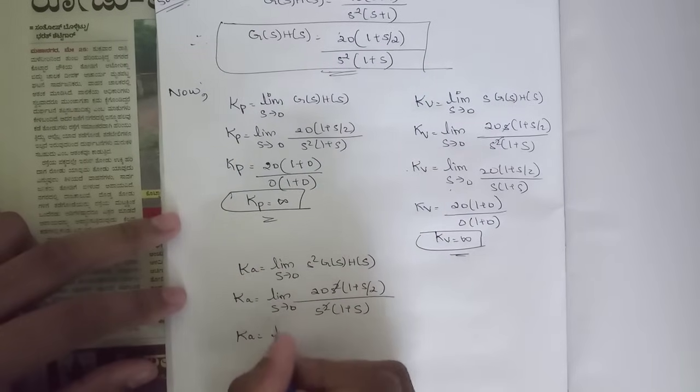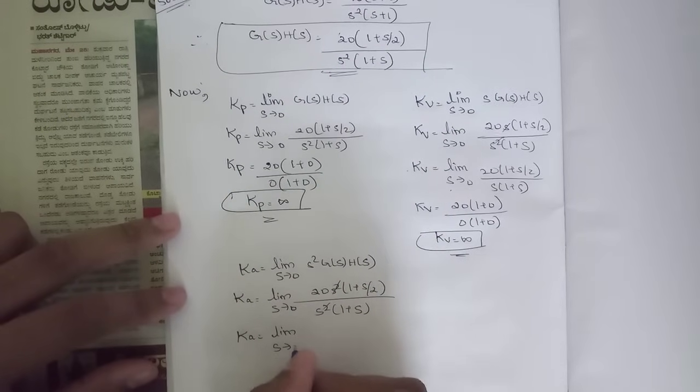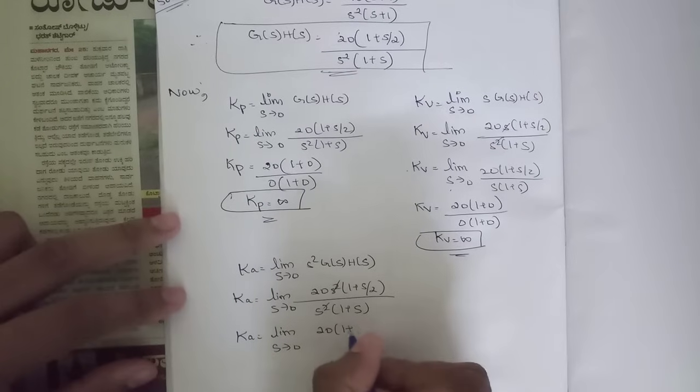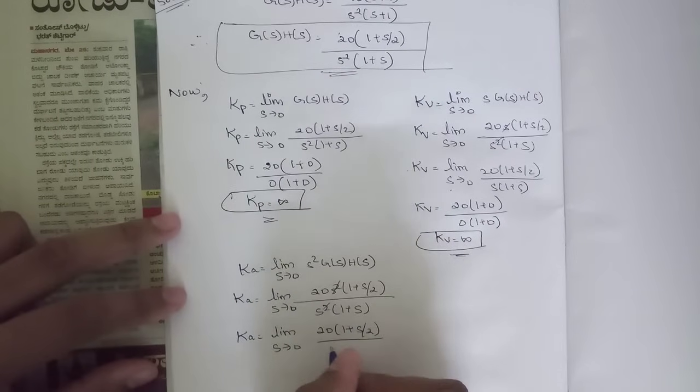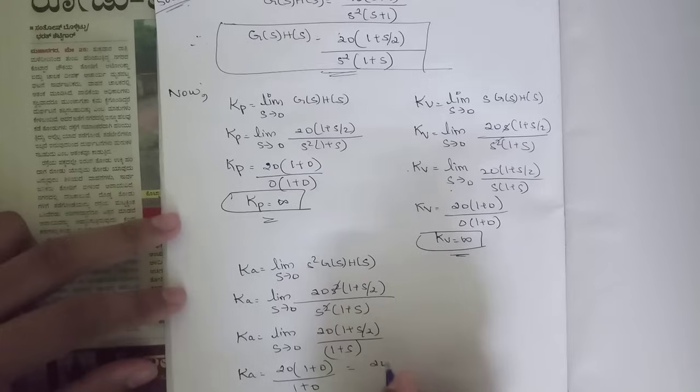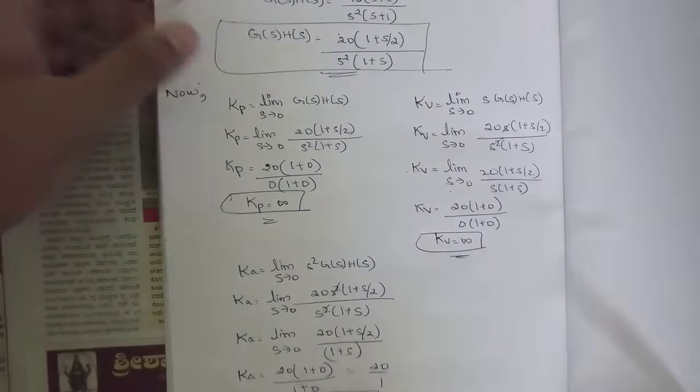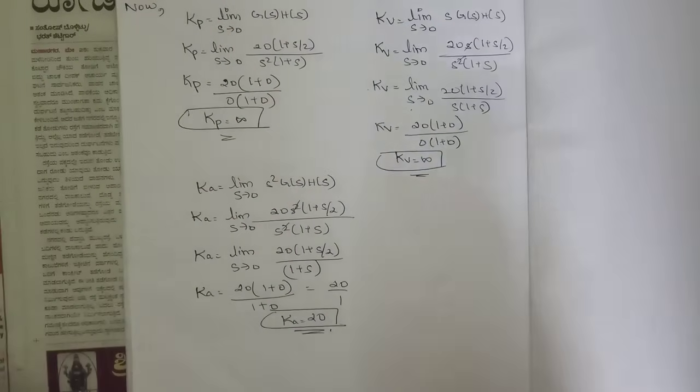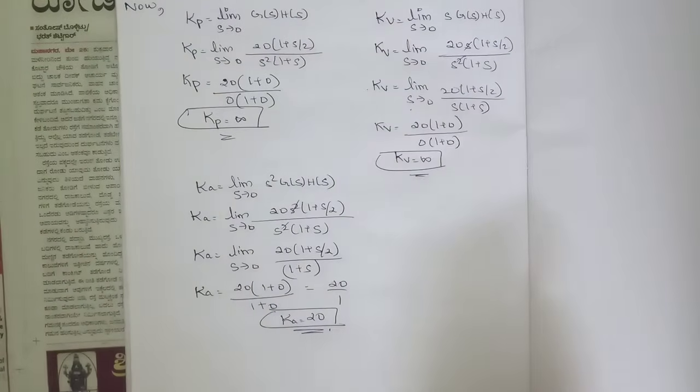We have 20(1 + s/2) / (1 + s), which gives 20 into 1 plus 0, divided by 1 plus 0, that is 20 by 1. So our final value of Ka is 20. These are the values of Kp, Kv and Ka respectively.